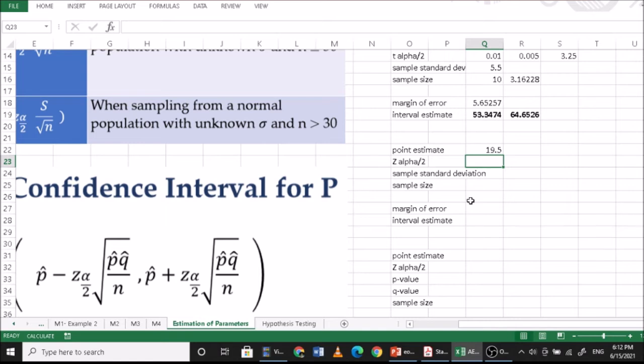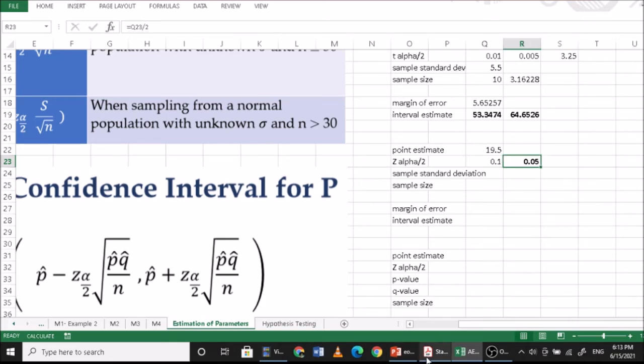For the z alpha over 2, we're going to use 0.90 or 90% confidence. So this is now 0.10 divided by 2, so that's 0.05.